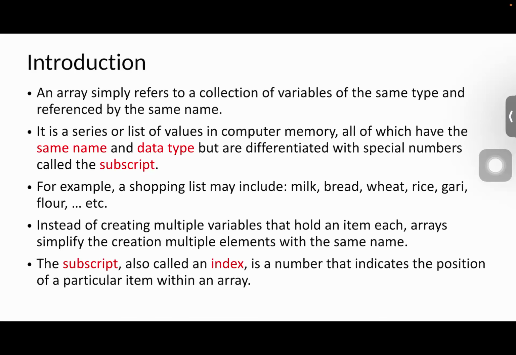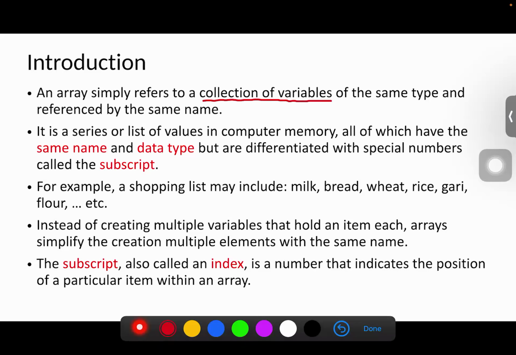So an array is basically a collection data structure that stores data or values of the same type. When we say an array, we are simply referring to a way to group a list of things with the same name.